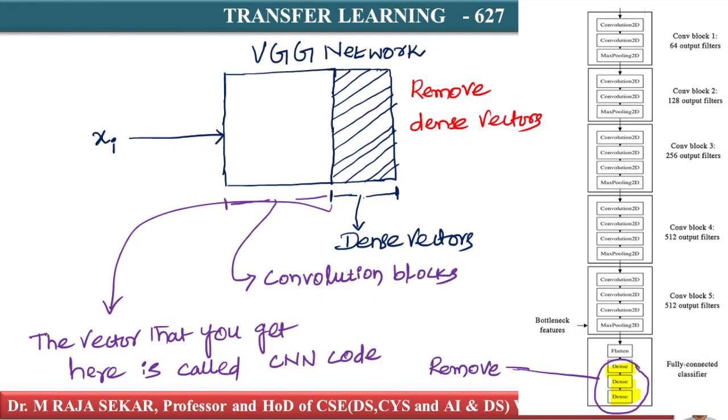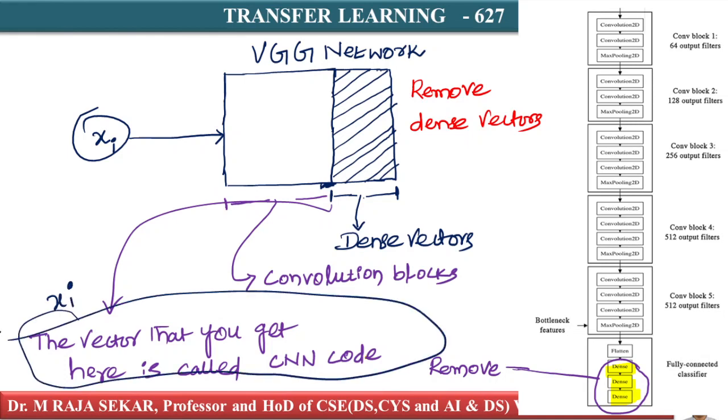The vector you get here, that xi dash, is called the CNN code. Here xi is the image and we are getting xi dash. These vectors are called CNN code because you are using the convolutional layers of the VGG network to convert an image into a vector, into a code.